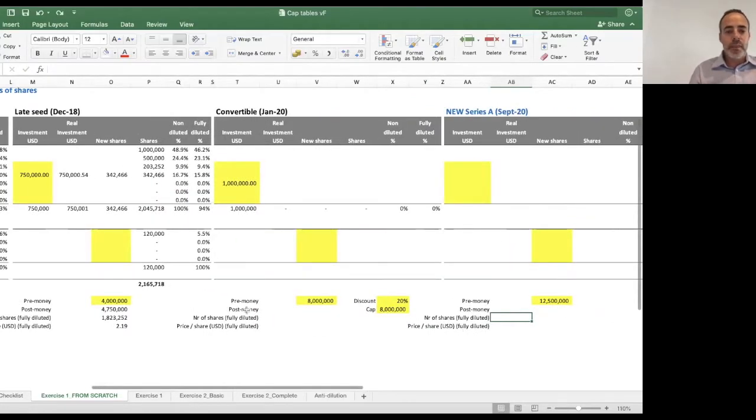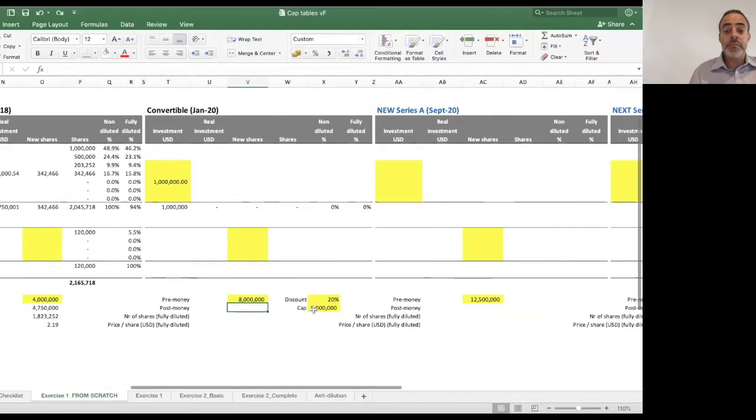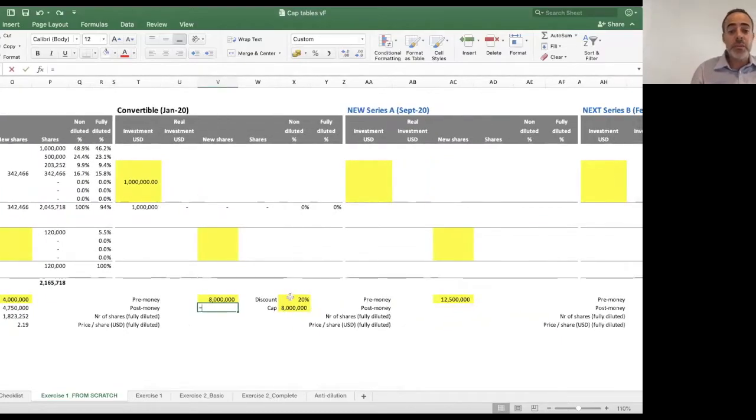Good. Post-money valuation. I mean, we don't need to calculate that, but let's calculate it. So in this case, it will be the pre-money plus the money coming in.